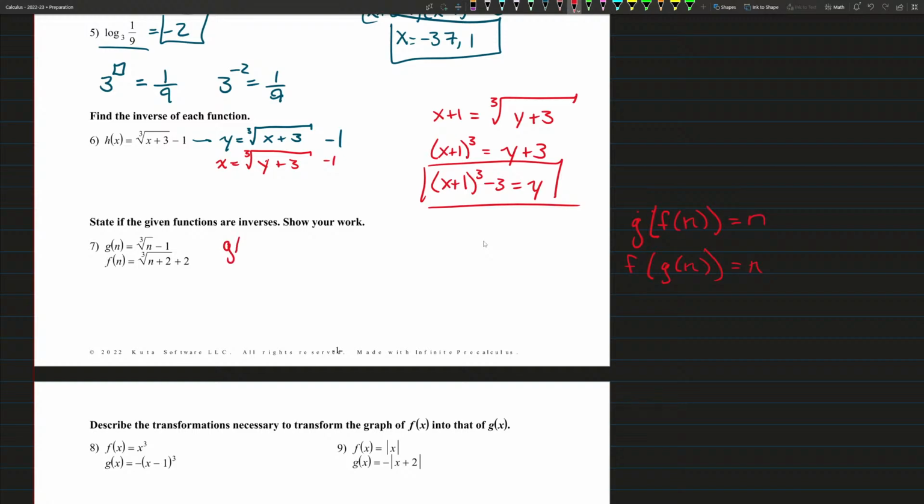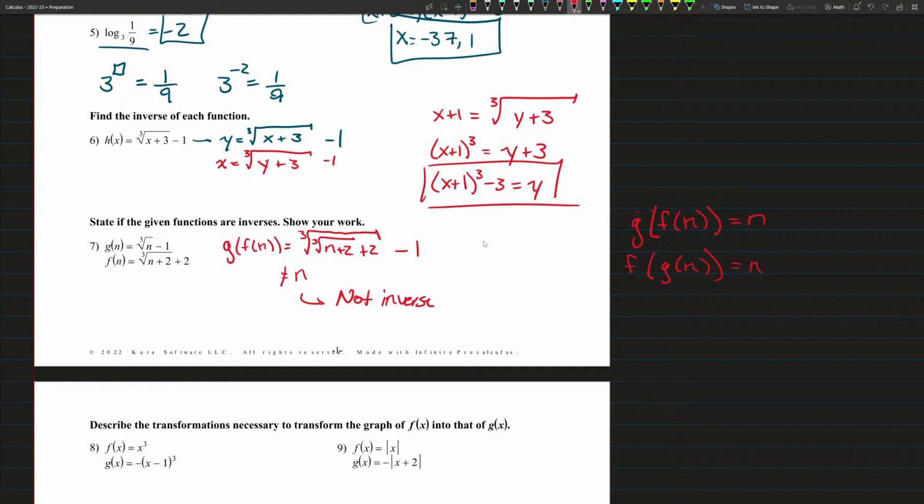So if we do g of f of n, we have the cube root of everything of f, so the cube root of n plus 2, and then minus 1. Okay, I can already tell you there's no way to simplify this. I mean, there kind of is, but it's decently hard. This is not equal to n. Therefore, not inverses.